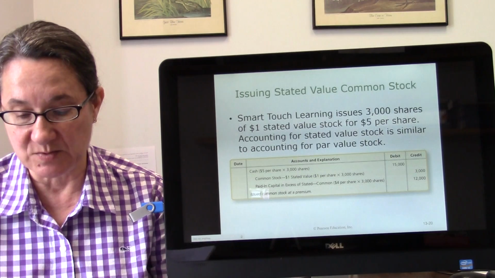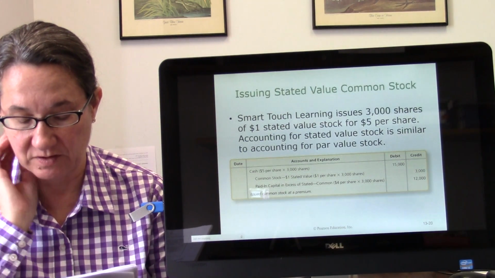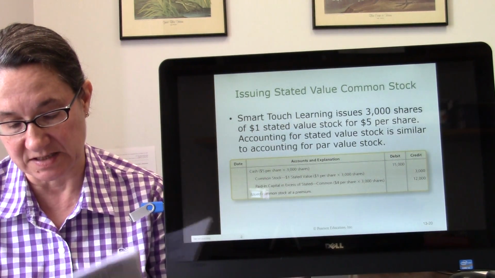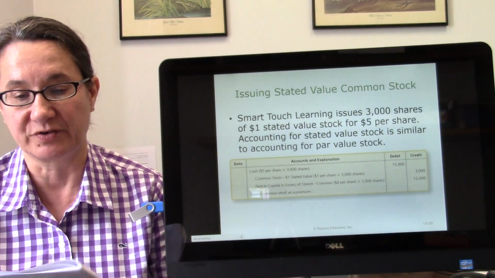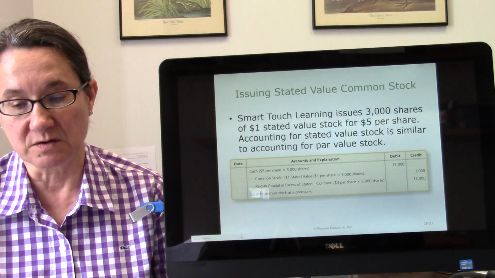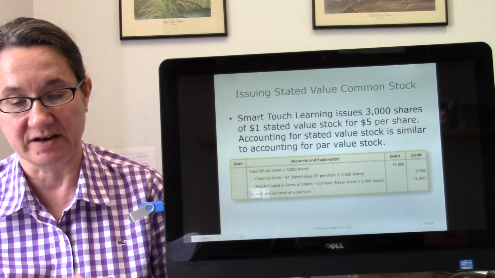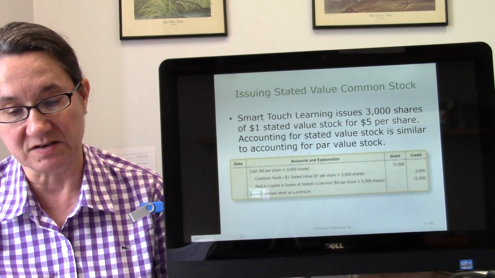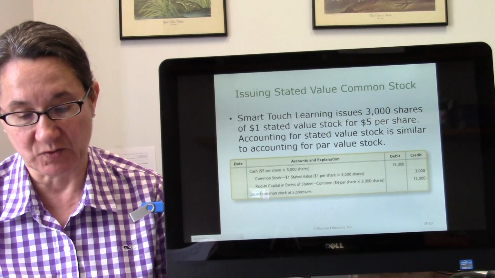For example, assume that instead of issuing 3,000 shares of $1 par value for $5 per share, Smart Touch Learning issues 3,000 shares of $1 stated value stock for $5 per share. So Smart Touch records a debit to cash of $15,000, a credit to common stock, $1 stated value of $3,000, and a credit to paid in capital in excess of stated common of $12,000.